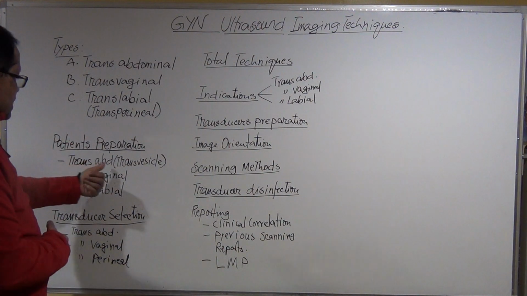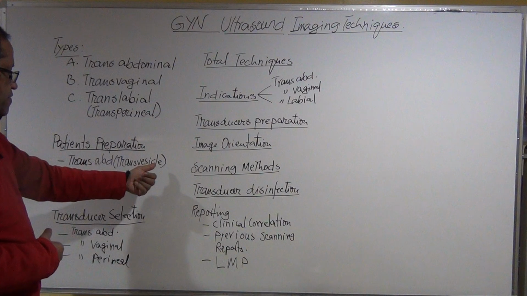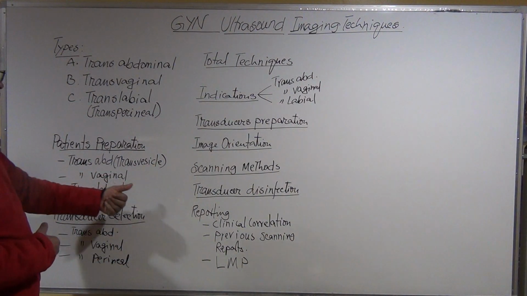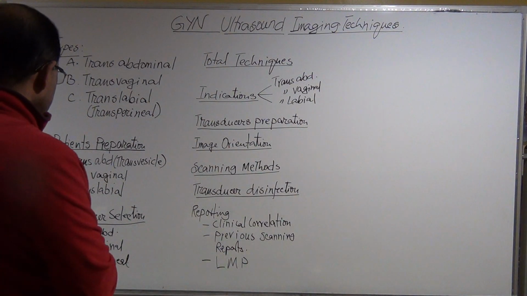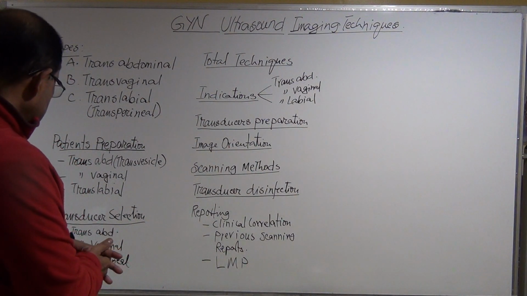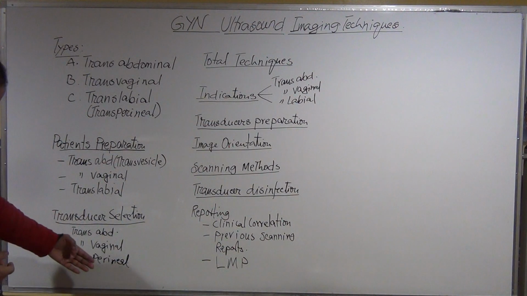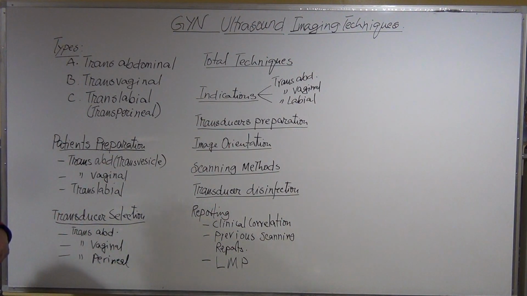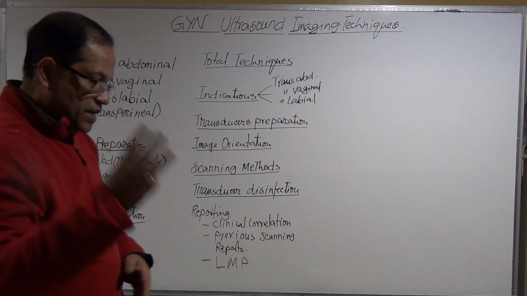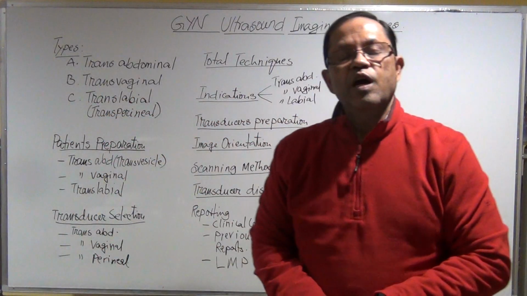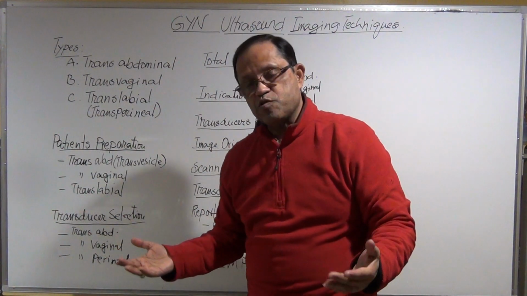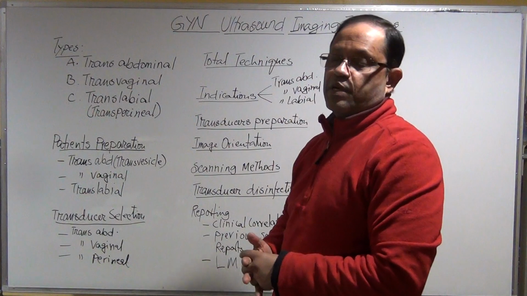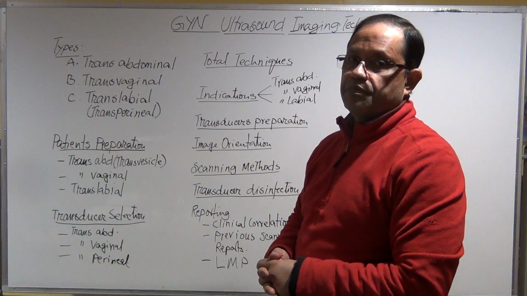Patient preparation for transabdominal, that is called transvesical, is different from the transvaginal, and the transvaginal is different from the translabial or transperineal. And 3 different types of transducers, with 3 different frequencies, are used.